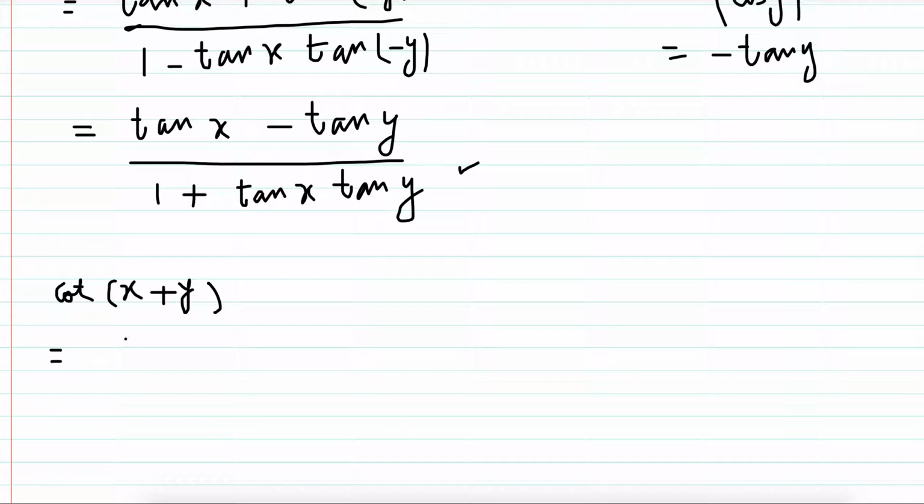So we can write cot x plus y as cos x plus y divided by sin x plus y. So we can expand cos x plus y, which is cos x cos y minus sin x sin y.